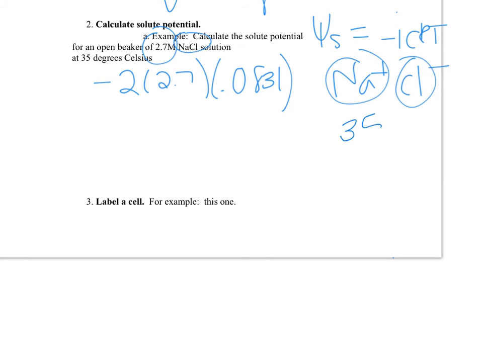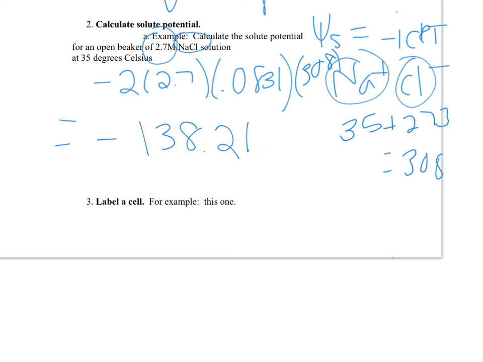So 35 plus 273 is going to equal 308. So that's what we're multiplying here. All right, so 2 times 2.7 times 0.0831 times 308 is going to equal negative 138.2, and your unit is going to be bars.